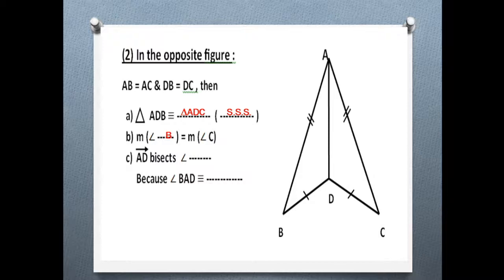We deduce also the measure of angle BAD equals measure of angle CAD. So AD bisects the angle CAB, because angle BAD is congruent to angle CAD.